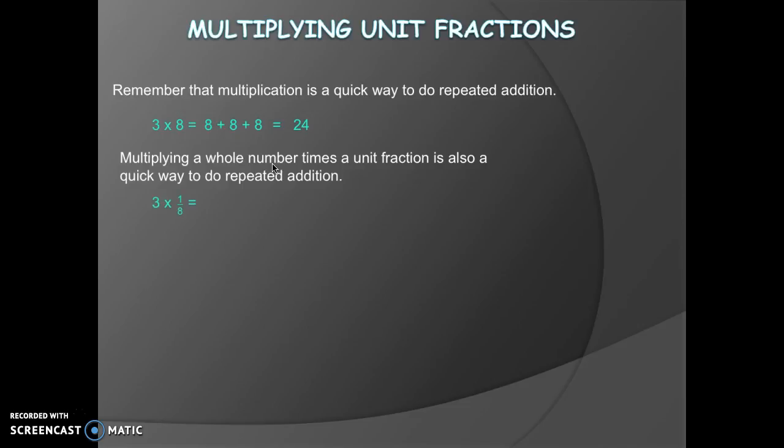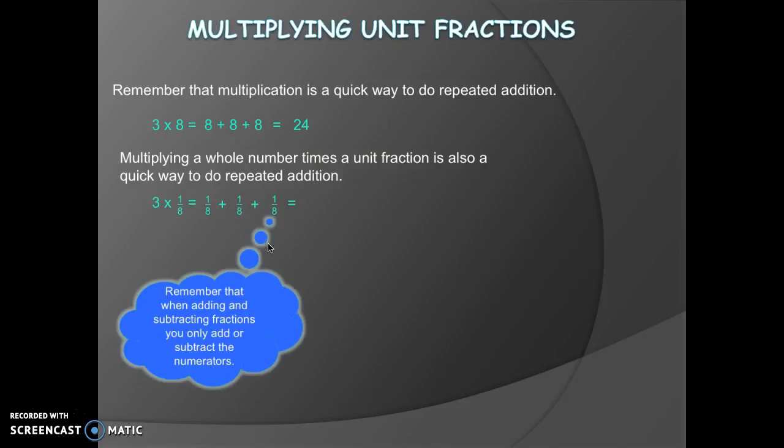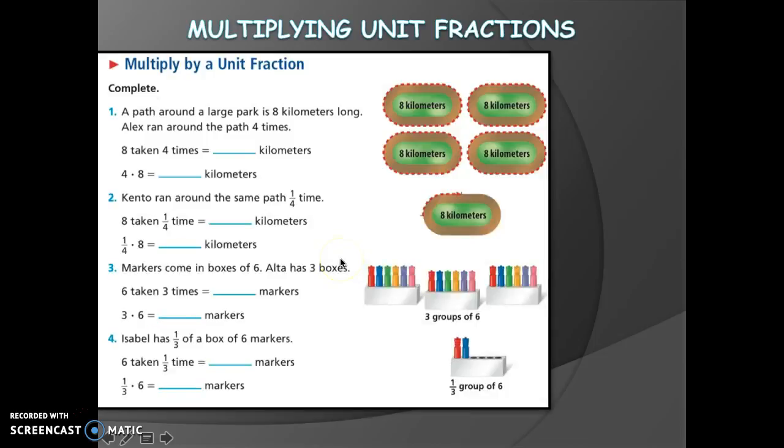So if I have 3 times 1/8, I have 1/8 3 times. And remember, when we're adding fractions, the denominator is common. It doesn't change. We just add up the numerators. Adding and subtracting fractions, we only worry about the numerators. We have a common denominator, and that equals 3/8. So 3 times an eighth is 3/8.